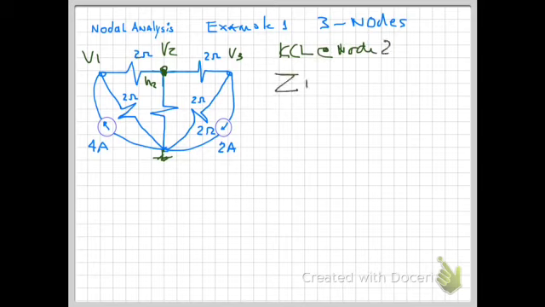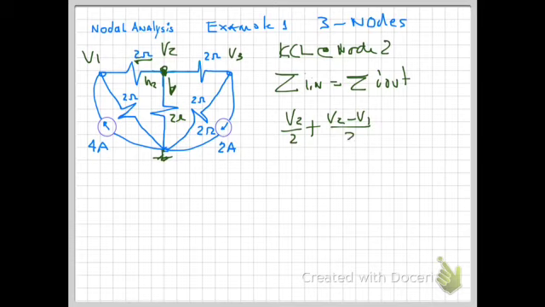Now in order to find the second equation, we write Kirchhoff's current law at node 2, and the same, currents going in will be equal to the summation of the currents going out. The first current out of this node is V sub 2 divided by 2. This is a 2 ohm resistor. The next current that we're going to consider is V sub 2 minus V sub 1 divided by 2.